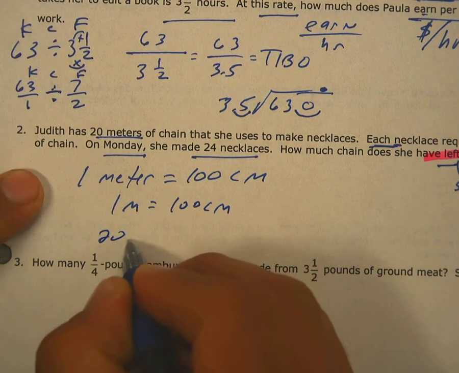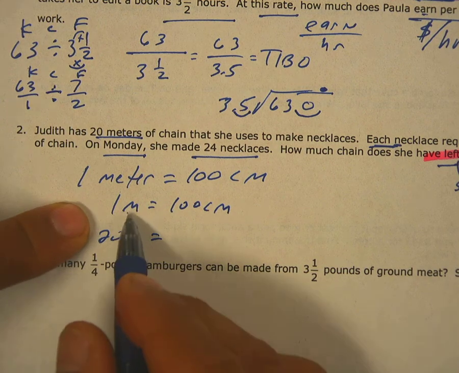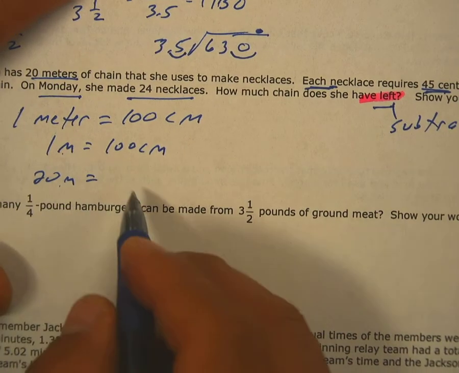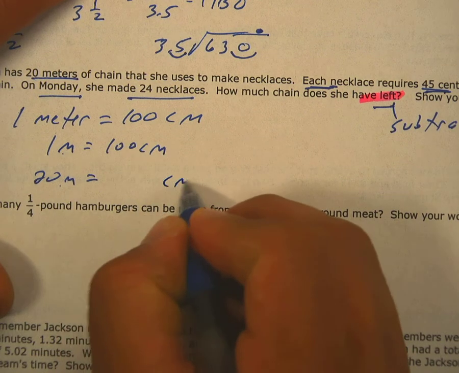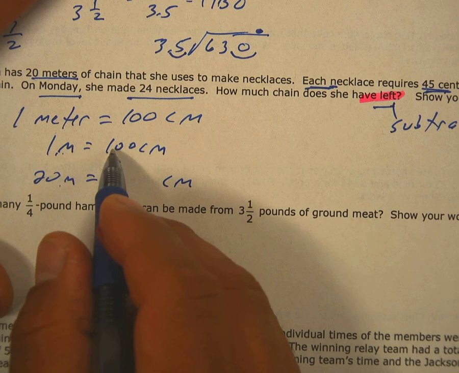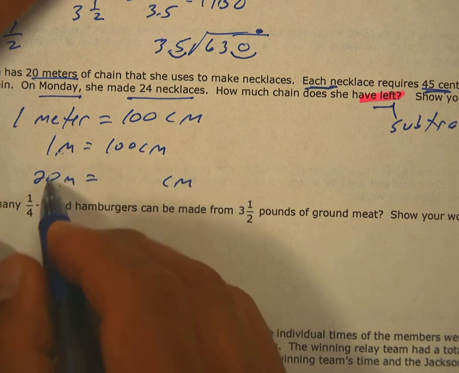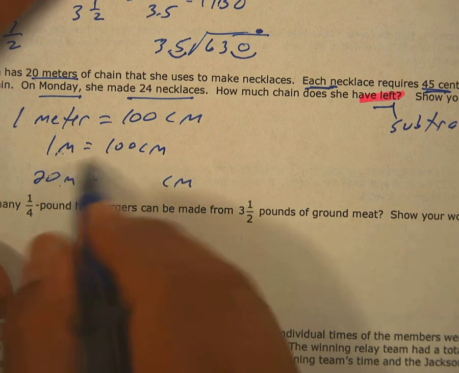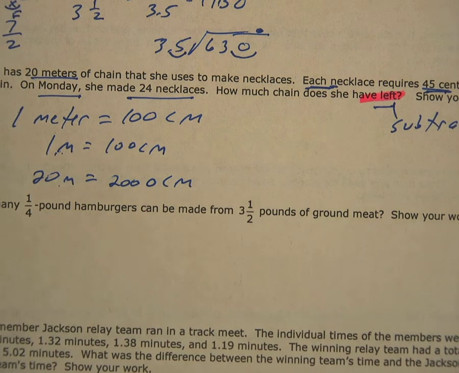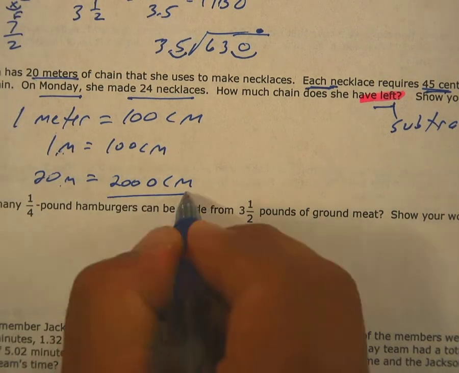That means she has 20 of these. So first, how many centimeters does she have? Well, if 1 meter is 100, and she has 20 of these, that means 100 times 20 will give me 2,000. Okay, so she has 2,000 centimeters.